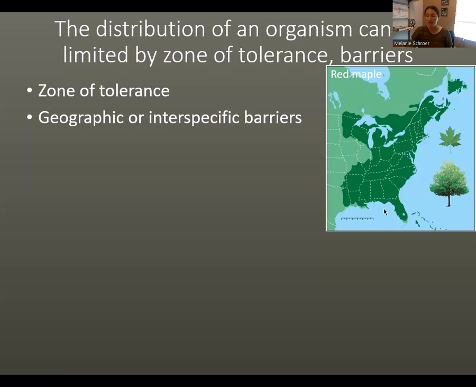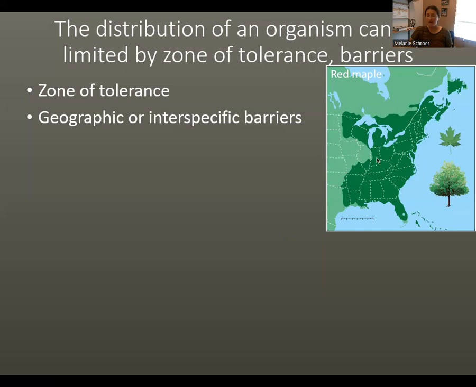And so other limits, of course, to the east and to the south, we have the ocean, right? It can't actually live in the ocean. That is well above its water and salt tolerance. And on the other side here in the Midwest, its limit is essentially due to the drier conditions within the Midwest, right?